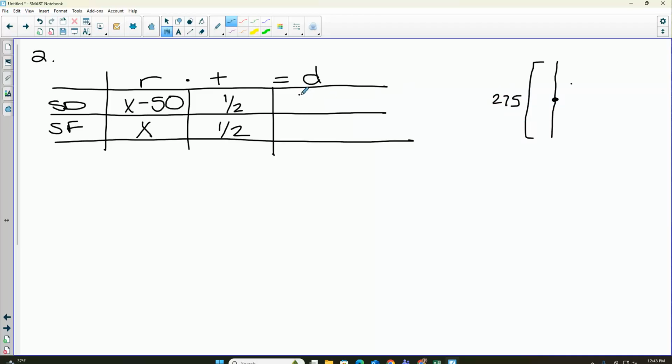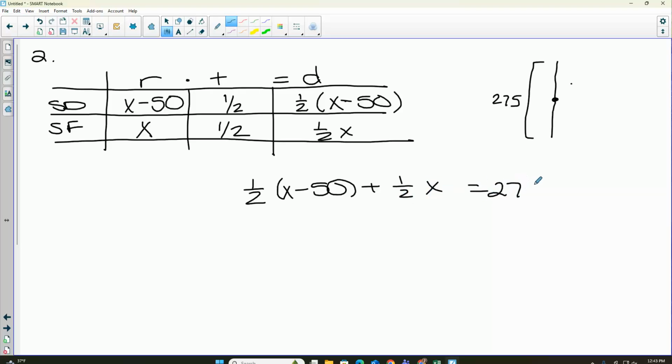So if we do our formula, rate times time equals distance, so 1/2 times x minus 50. This can just be 1/2 x. So we add those together, and it equals 275.